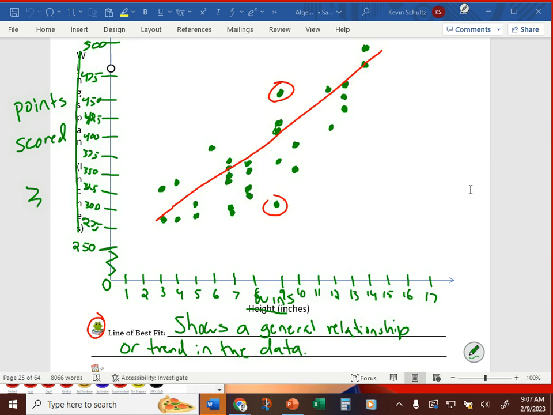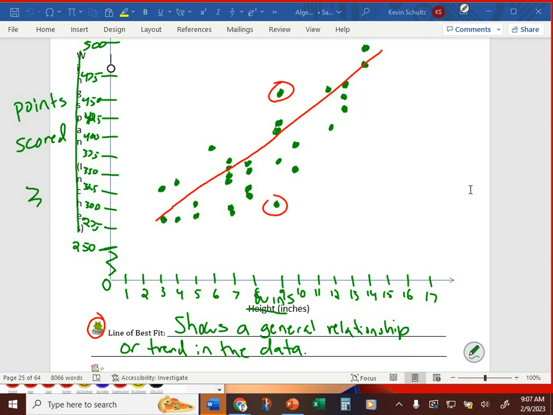A line of best fit shows a general relationship or trend in the data.